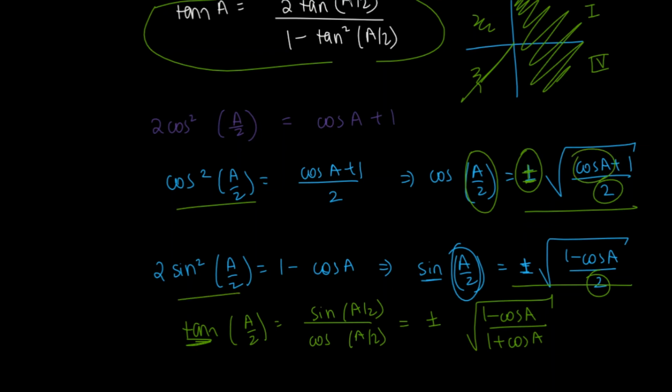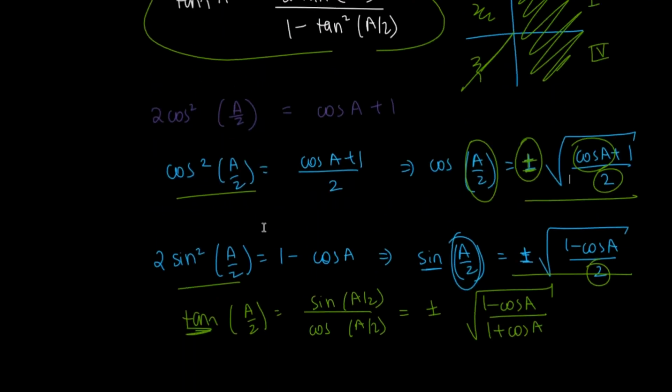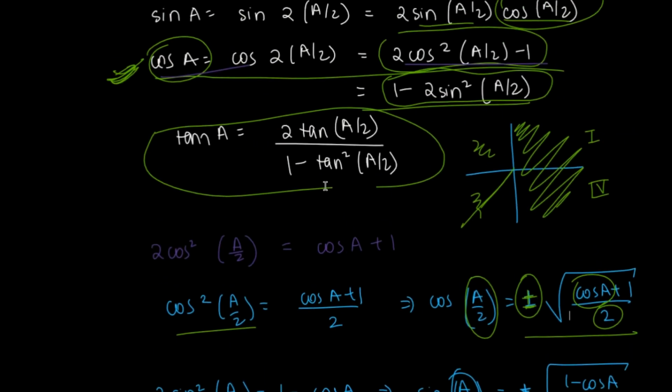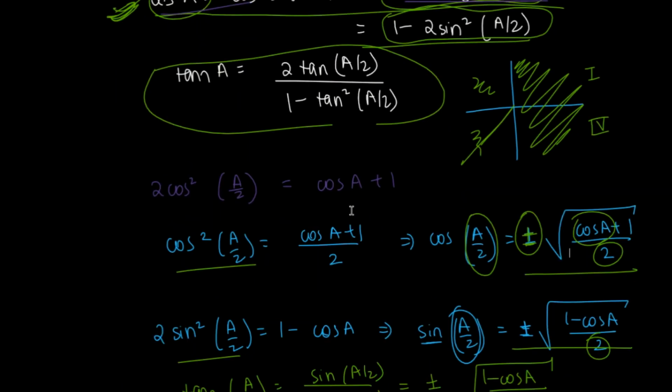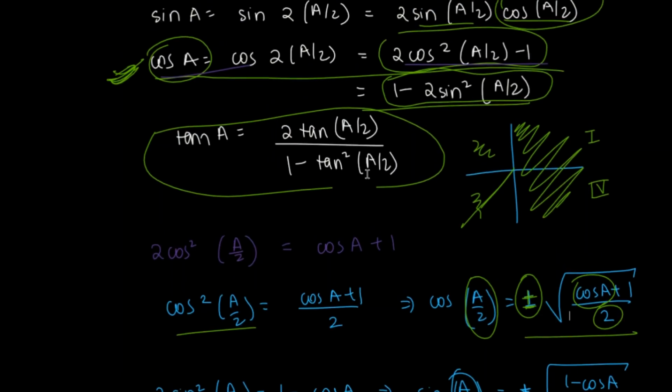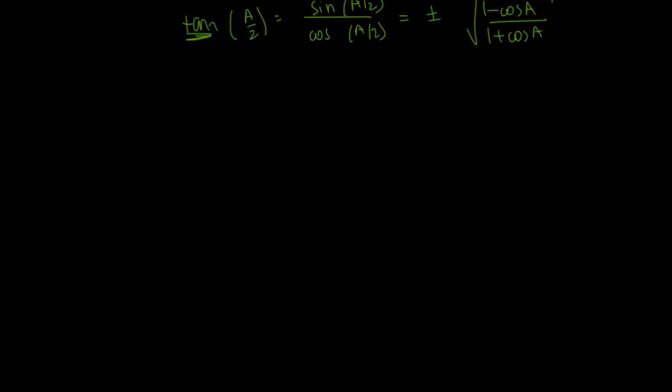A quick note though: there are many cases wherein you need to express every half angle in terms of its tangent, and this occurs quite a lot of times in calculus. What you do here is start with the equality that tan of A is equal to 2 times tan of A over 2 divided by 1 minus tan squared of A over 2.